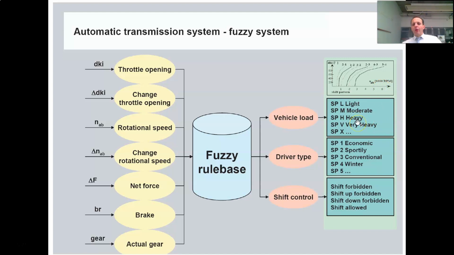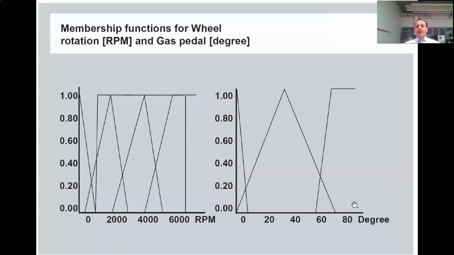So the vehicle load can be light, moderate, heavy, very heavy, and the driver type can be economic, sporty, conventional, or winter, and shift control can be fixed, down, forbidden, or allowed depending on the driving conditions.